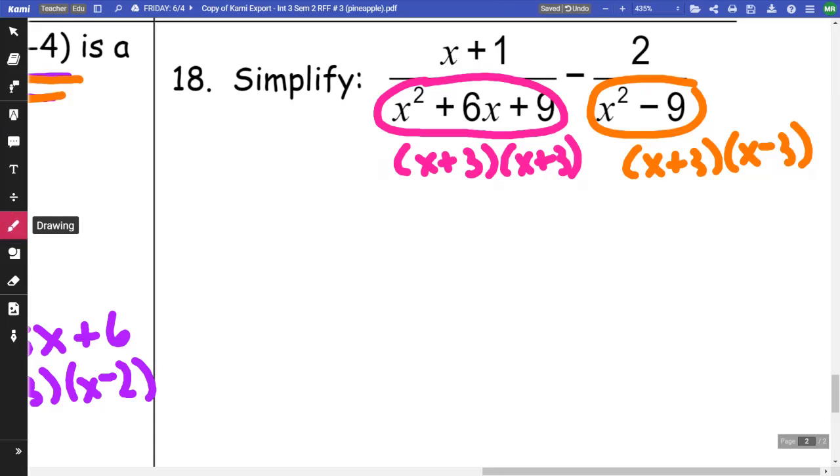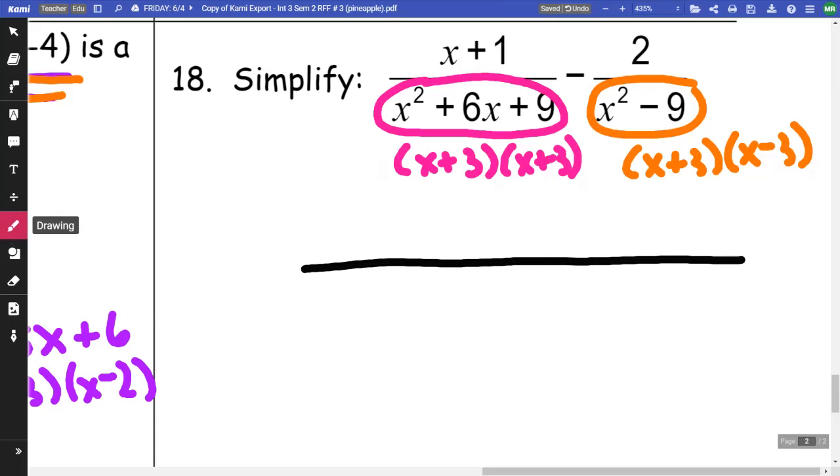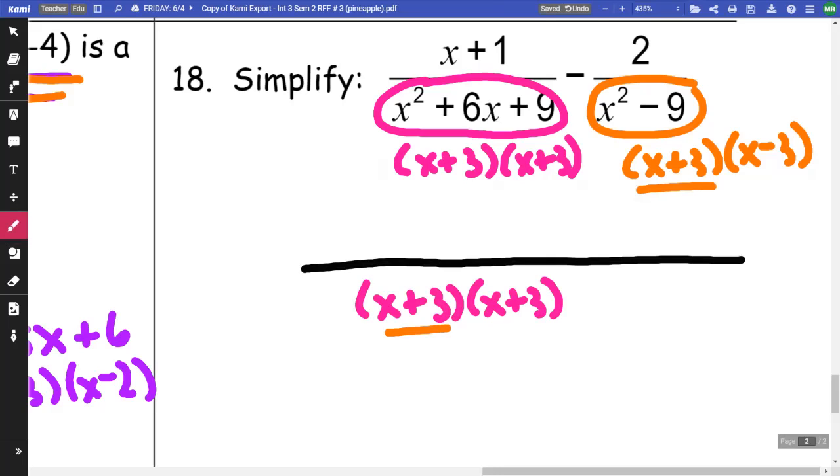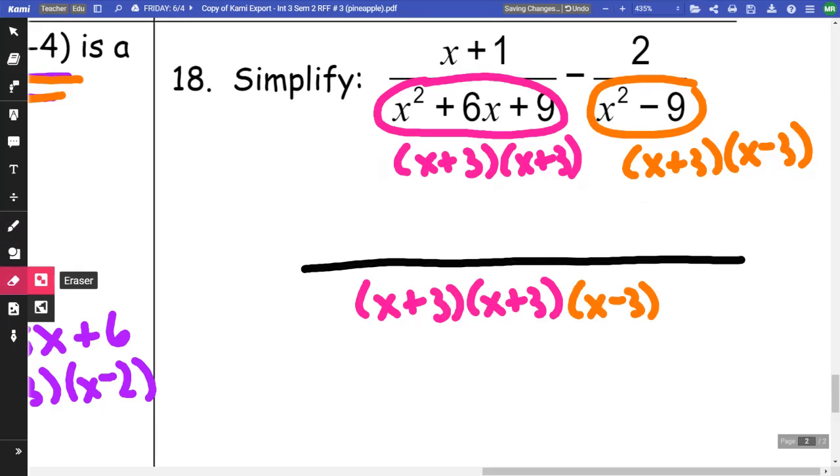And my common denominator is going to consist of everything from the first fraction denominator, which is an x plus 3 and an x plus 3. I need it twice because I have it twice in that denominator. Then from the other denominator, I need an x plus 3, but I already have one. I have 2 of them, but I have one at least. So then I'm going to be looking for this, and I don't have that, so I need to add that. So that's going to be my common denominator.